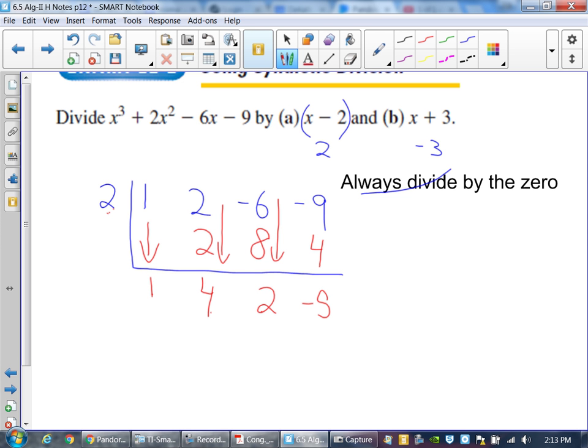What you've just done is basically a shortcut version of long division. You started with x minus 2 on the outside. You went into x cubed minus 2x squared minus 6x minus 9. What do you multiply x by to turn it into an x cubed? So you put it here. Distribute, you got x cubed minus 2x squared.